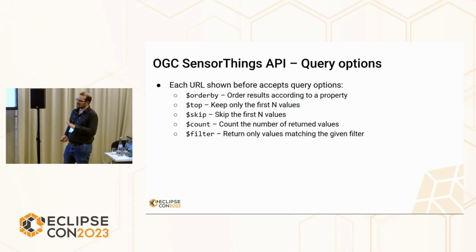Nearly there for this specification. One trick is that for each REST URL I showed you, you have a query option that is indicated here that allows you to, if you have a large number of observations, for example, do pagination with order by, top and skip. You can also just count the number of observations you had, and you can also have a filter to return only matching values.